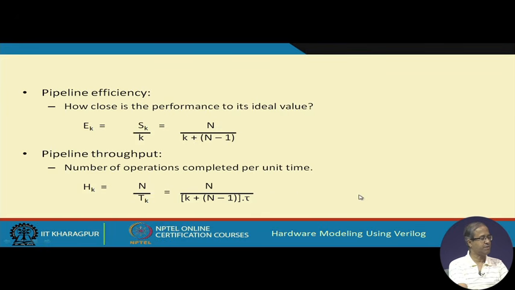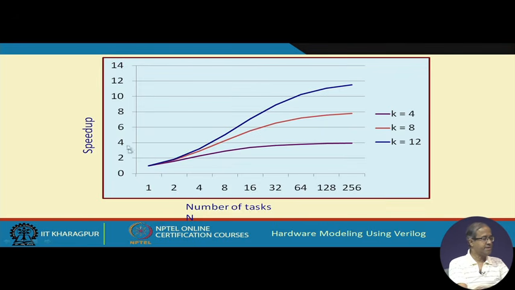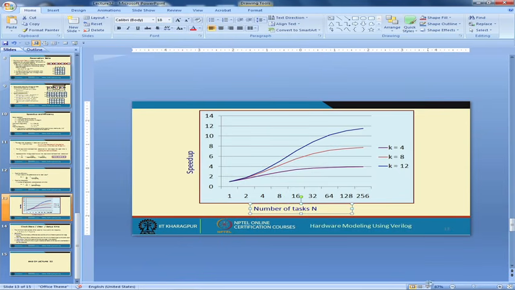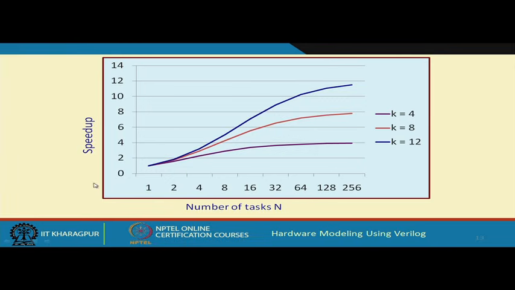So, these are some simple calculations, and this actually shows you the speed up curve. Let us say number of tasks n. So, as you plot speed up versus n for different values of k, you will see that your curve looks like this.